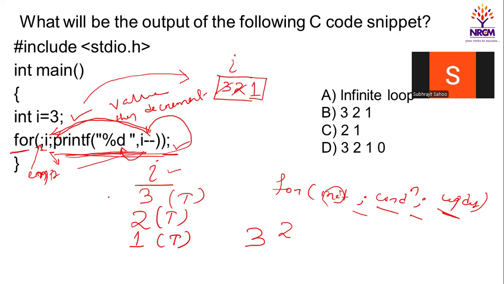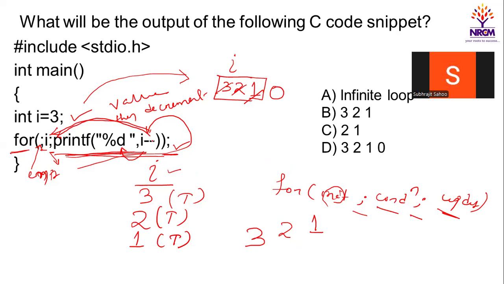True means again it should go to the block, but no block of statements is there. Updation statement: printf("%d", i--). Right now i value is 1, so first value 1 is printed. Then i-- and i becomes 0.